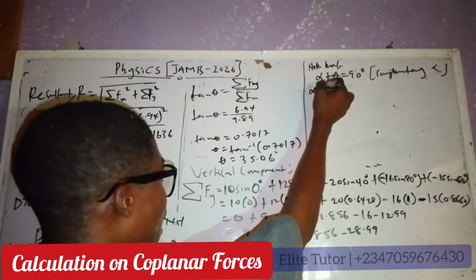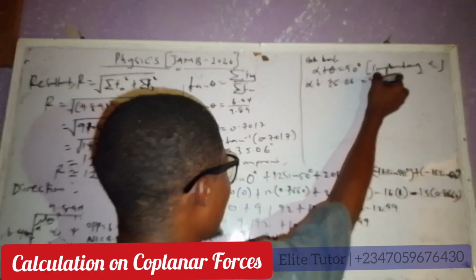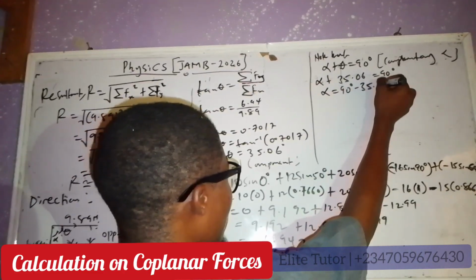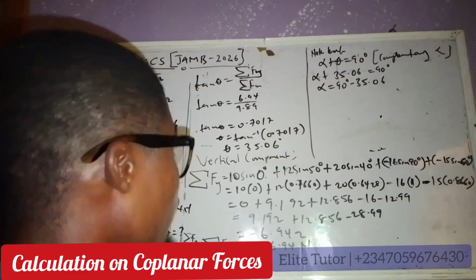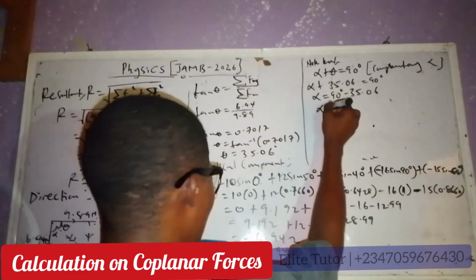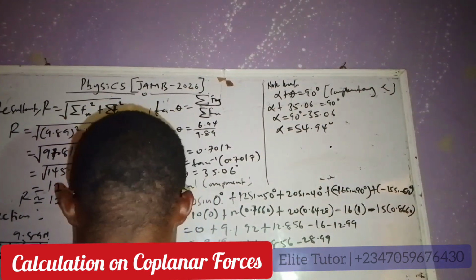So that's alpha plus 35.06 degrees is equal to 90 degrees. So alpha equals 90 degrees minus 35.06. So 90 minus 35.06, we're having alpha to be equal to 54.94 degrees. Alright, so that's what we are doing.